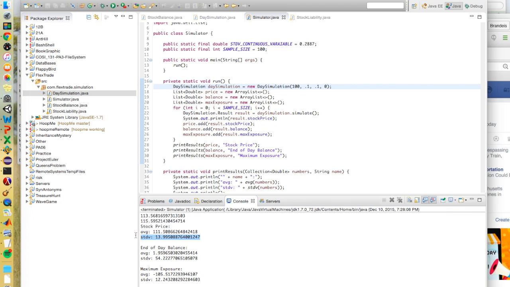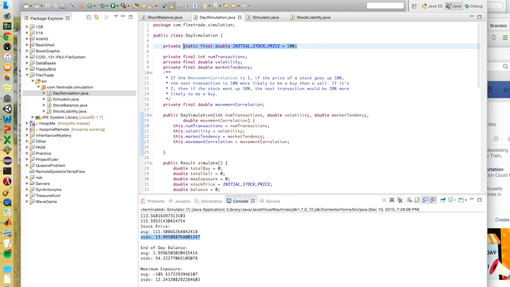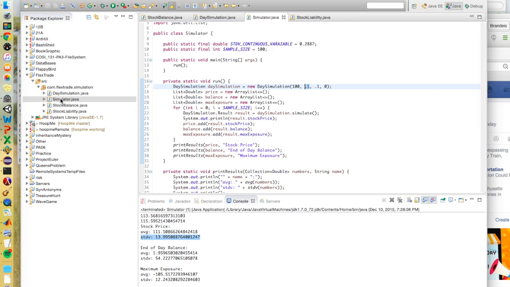And as we also see, very importantly, the standard deviation is reflecting the percent standard deviation over here, and that comes from the stock price always starting out as 100. I should have explained that earlier, but if you look over here in the day simulation, the initial stock price is always $100. Anyway, so back to the simulator.